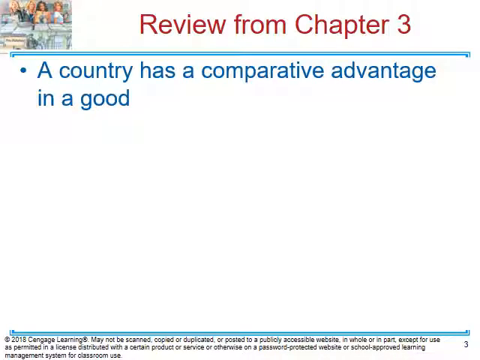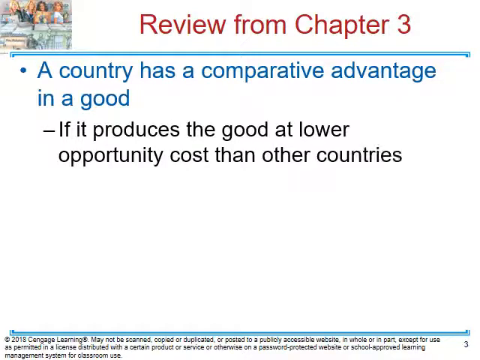Okay, a prerequisite to this chapter is chapter 3, which is about international trade. We will quickly review the concept of comparative advantage, as that will help us to understand this chapter well. A country has a comparative advantage in a good if it produces the good at lower opportunity cost than other countries.